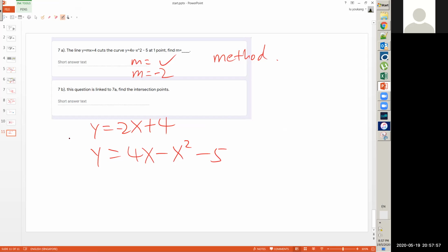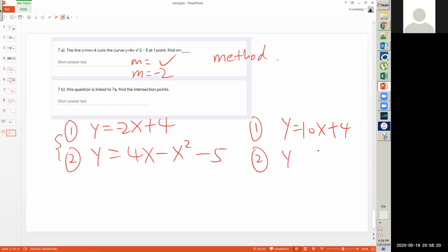So -2, you have one pair of equations. Then when you have 10, you have another pair of equations. Basically, you have two pairs of simultaneous equations.